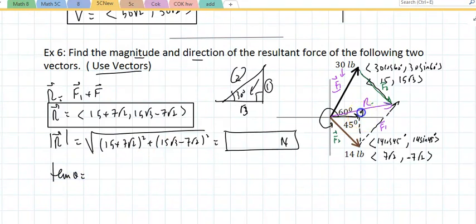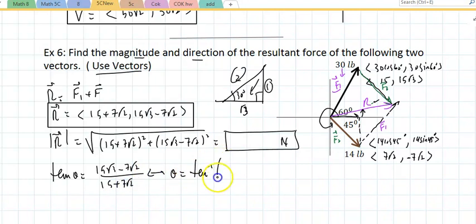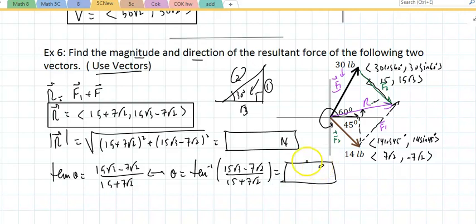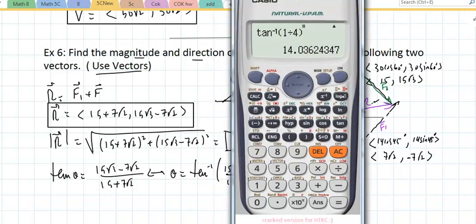And it's going to give me this angle, right? Because that's the resultant vector. That's going to be the j over the i. And wouldn't that mean that theta equals the inverse tangent of 15 radical 3 minus 7 radical 2 over 15 plus 7 radical 2? And that would be how many degrees?